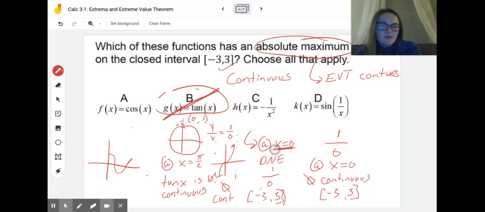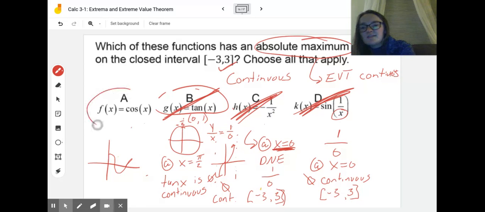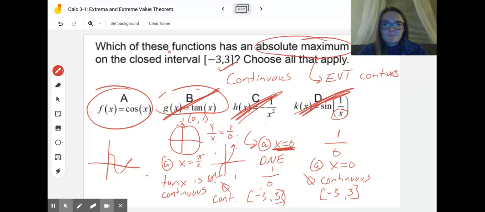Well, the denominator equals 0 at x equals 0, which is on my interval, so it can't be continuous. Same thing for letter D, sine of 1 over x. When x is 0, I get something that is undefined, and thus it's also not continuous. The only function that is continuous on the closed interval is cosine, and so cosine is going to be the one with an absolute maximum.